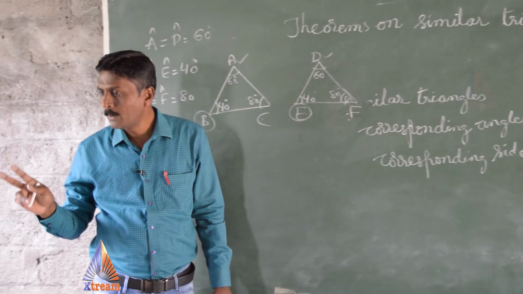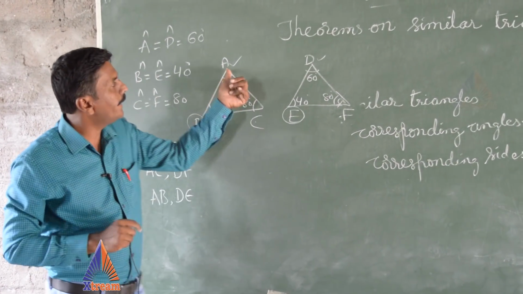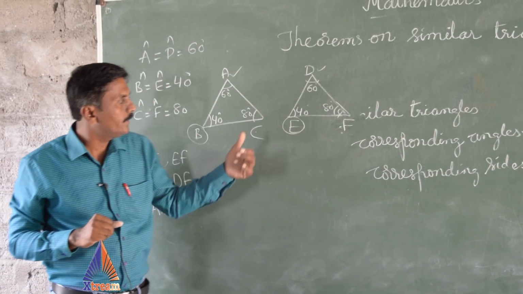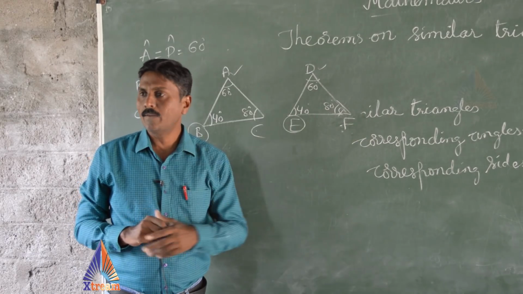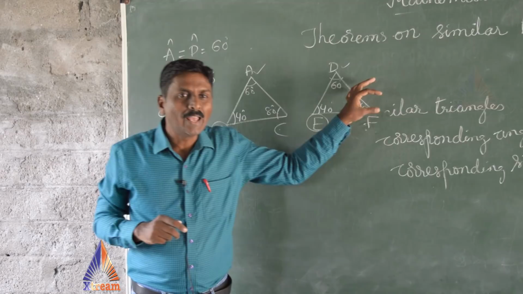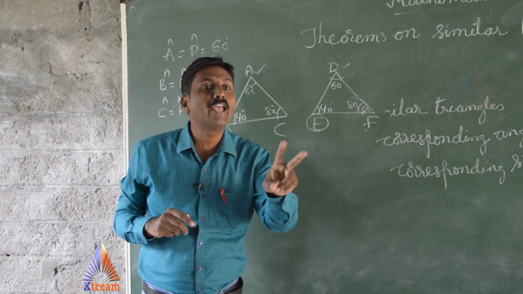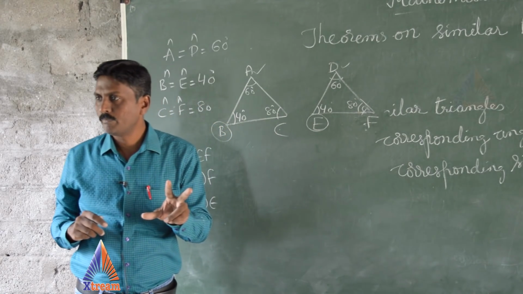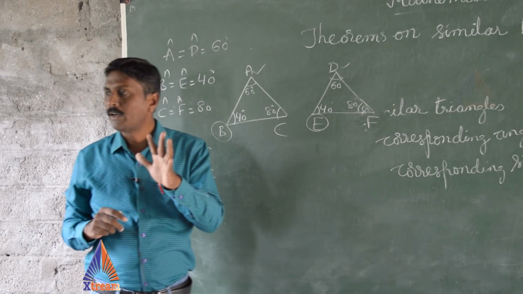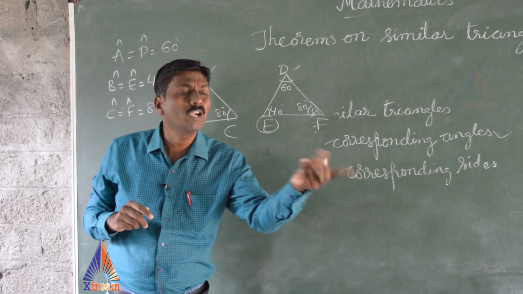Corresponding sides should be in proportion. I told that angle A is equal to angle D, angle B is equal to angle E, angle C is equal to angle F. Now the angles of ABC are equal to the angles of DEF. These two triangles are equiangular triangles, is it not? Remember, equiangular triangles are also similar triangles. I told two conditions.